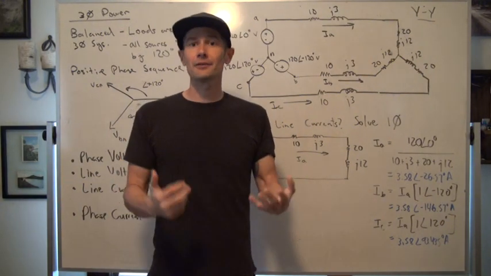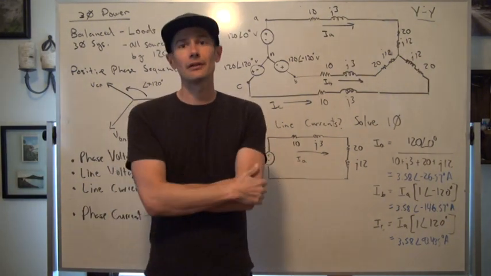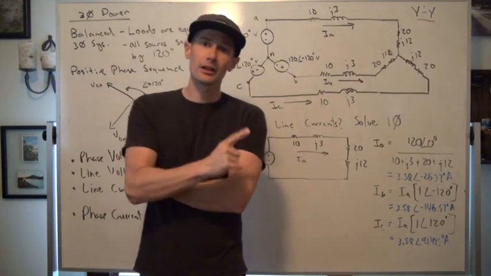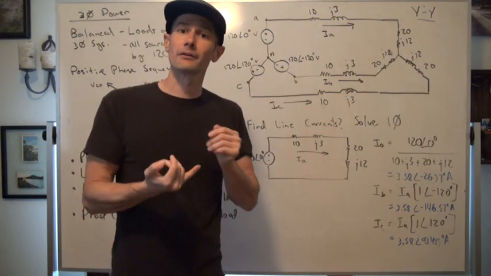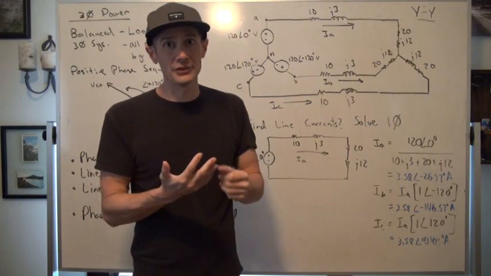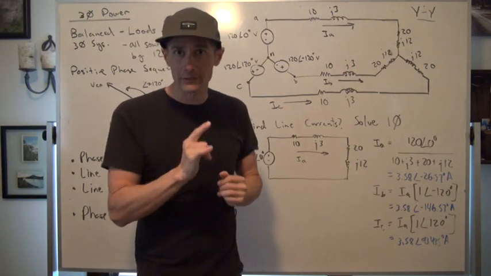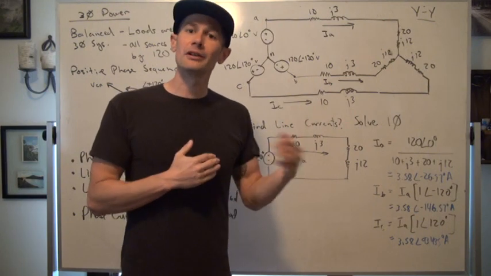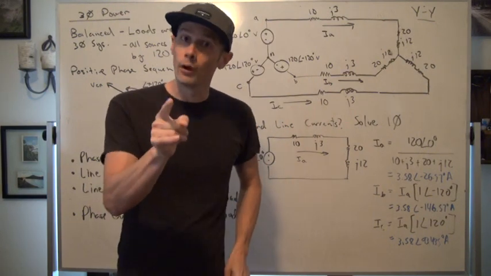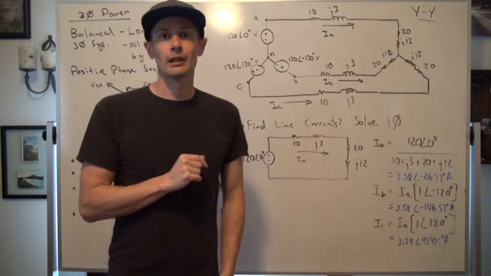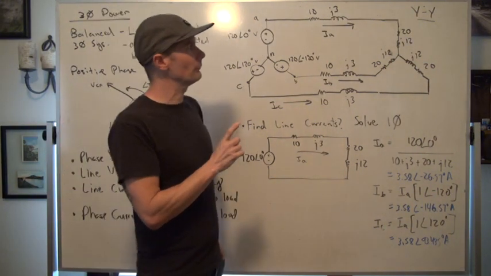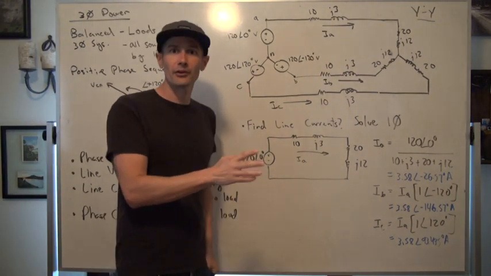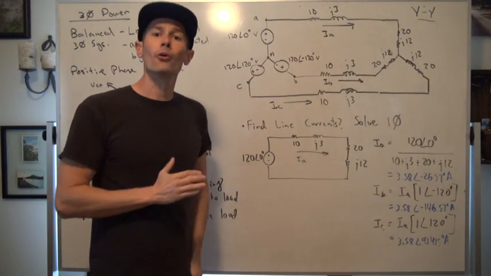After that the analysis becomes very, very simplistic, guys, because all we have to do is find whatever currents or voltages we want in that Y-to-Y system, and then separate those for each phase by 120 degrees.